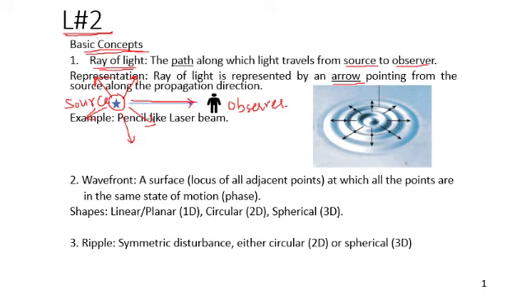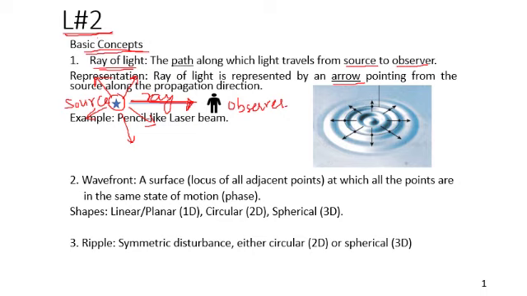This direction of light travel is called a ray of light, which is geometrically represented by this arrow, such that the tail of this arrow lies on the source, and the tip of this arrow is toward the observer. Remember, this is just an imaginary concept, an imaginary line or an imaginary arrow. This is called a ray of light.